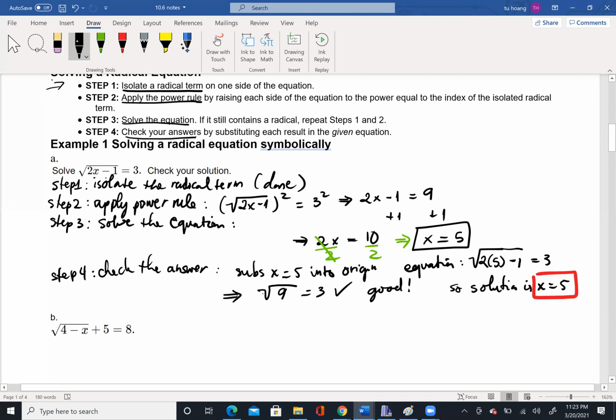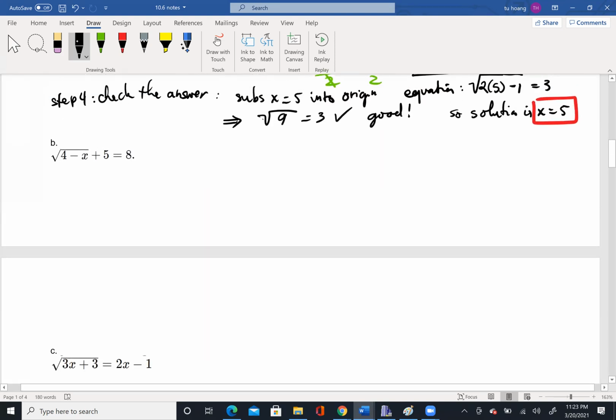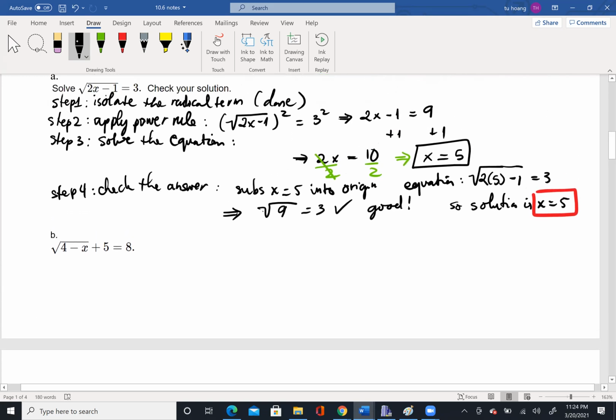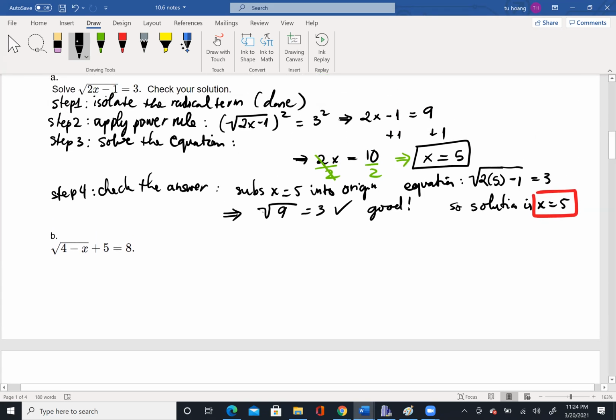So let's move to B. Have another example. So B, I have the square root of 4 minus x, plus 5, equal to 8. So for this one, I need to follow step 1 by isolating the radical term.